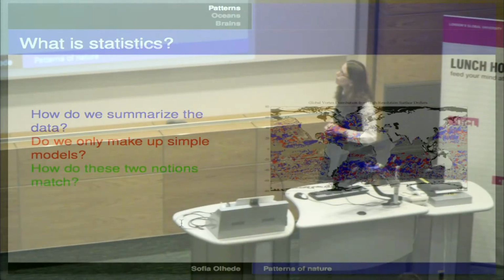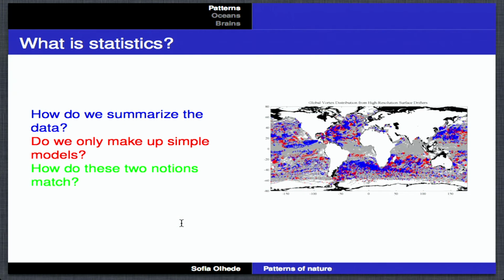We just look at data. So on the right-hand side is a plot of some of the oceanographic data that I'm going to revisit later. So one of the first questions we might ask is, we see this data, how do we summarize this data? The second question is, okay, we've summarized it, we've captured key features, what do we do next? Well, we actually want to try to explain or understand what we see.